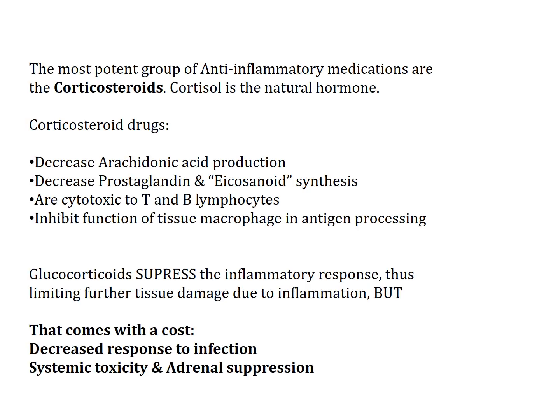And here we're just summarizing for you why cortisol is such an important anti-inflammatory drug. It inhibits key synthetic paths which make these mediators of inflammation, and it is also toxic to lymphocytes, and it can inhibit the processing of antigens.